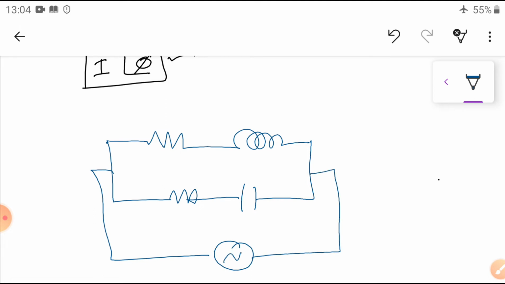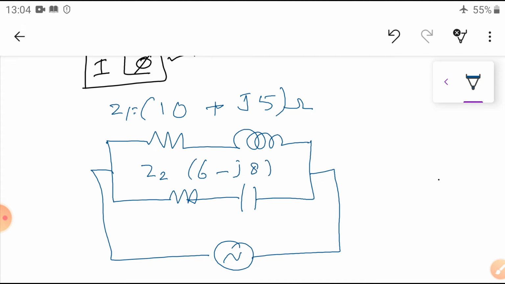The impedance is given directly in ohms: Z1 is 10 plus j5, and Z2 is 6 minus j8. Then the total current is given as 15 amperes.